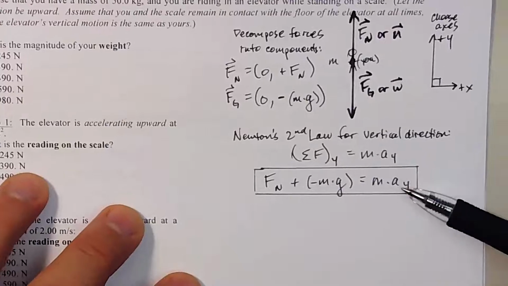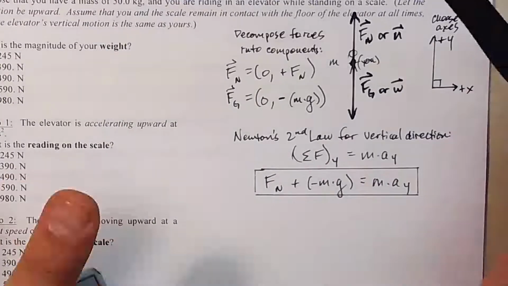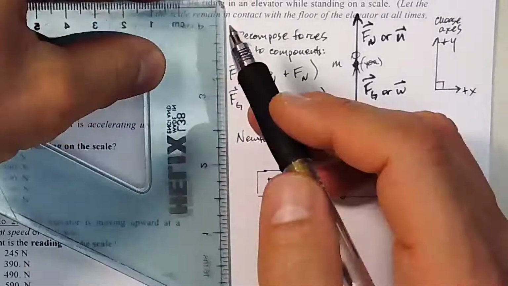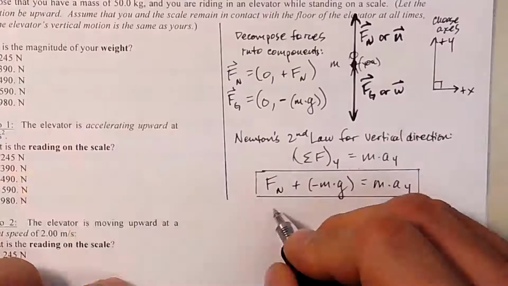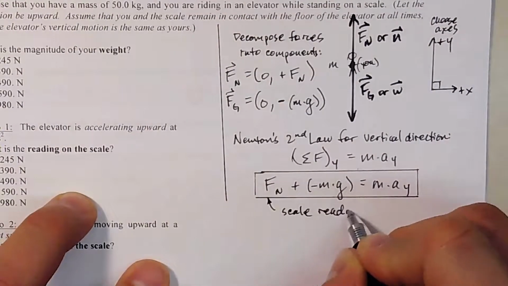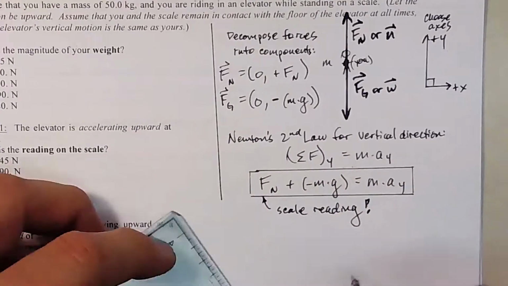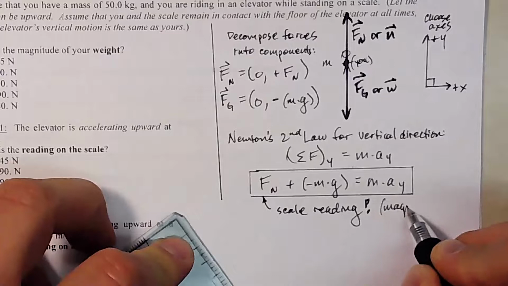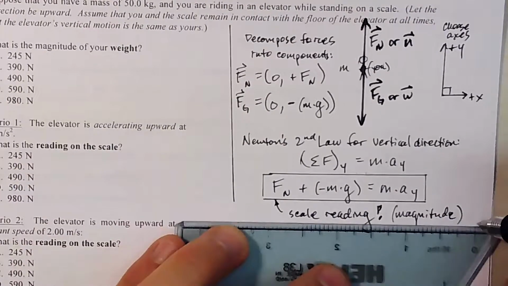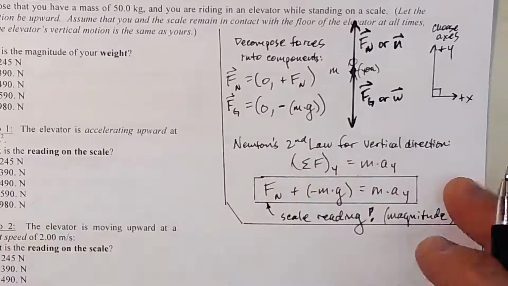So in other words, the acceleration can have any value, the normal force can have any value, and this free body diagram and this equation are still true. All right, so this is what the scale reading will be. The scale will read the magnitude of the normal force, right? And of course, we know the direction is always upward, right, coming out of the floor.